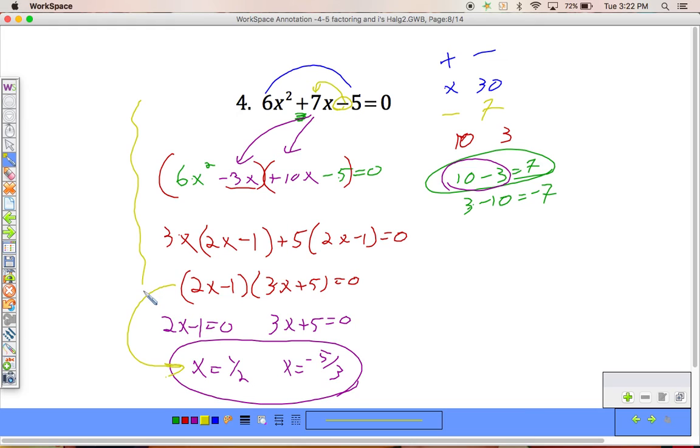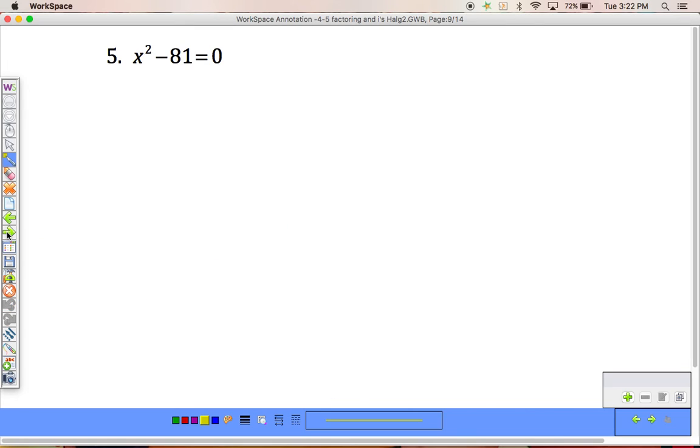All right, one more. X squared minus 81 equals 0. This one's not going to be that bad because in the last part of the lesson, remember, x squared is a perfect square, 81 is a perfect square, separated by a minus sign. So we're calling this a difference of squares. So I can go straight to my parentheses. Last term's negative, so a plus and a minus.